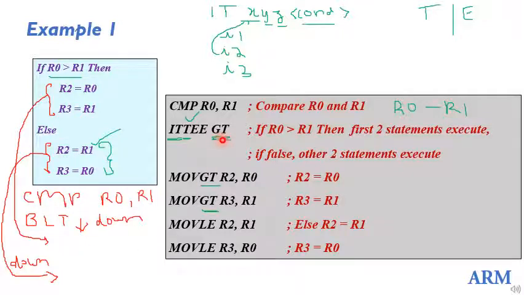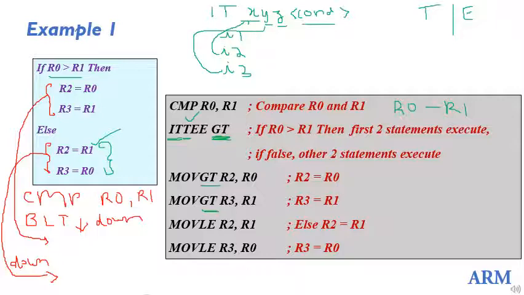Whatever instructions we want to execute in the else block should have the condition opposite to this condition. So opposite of GT will be LE. So move R2 comma R1 will be move LE R2 comma R1.